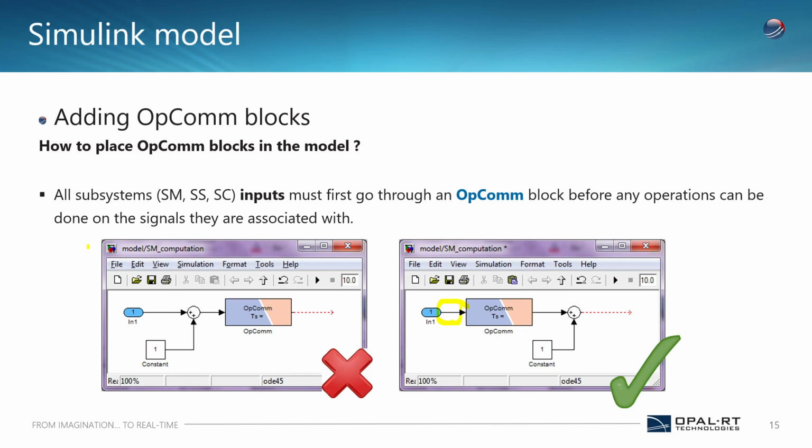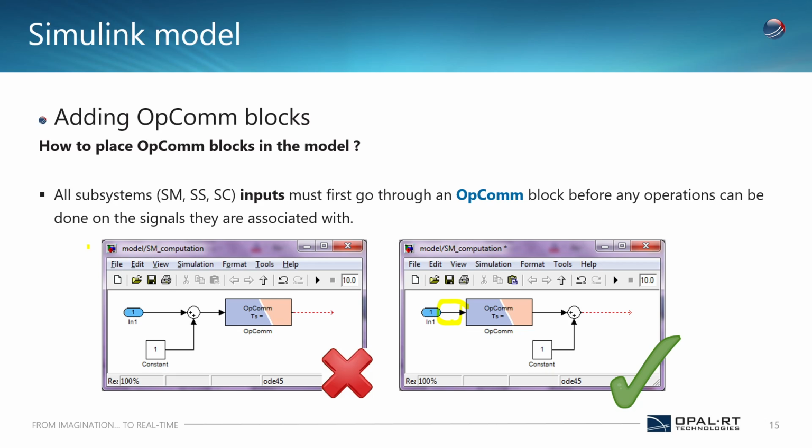These inputs must first go through an OPCOMM block before any operation can be done on the signal they are associated with. So any input signal coming to these subsystems must at first go through an OPCOMM block.